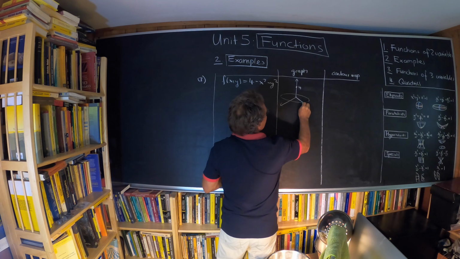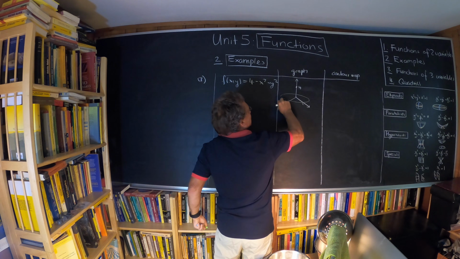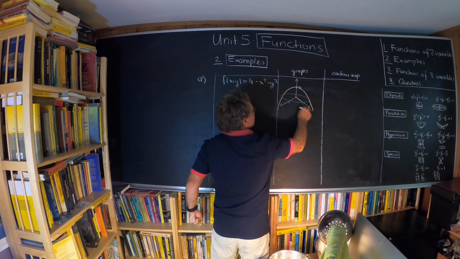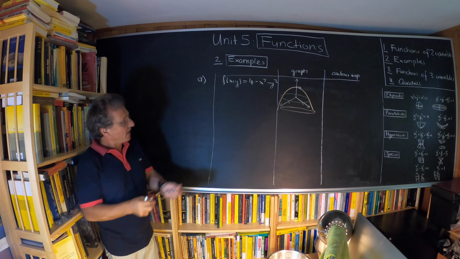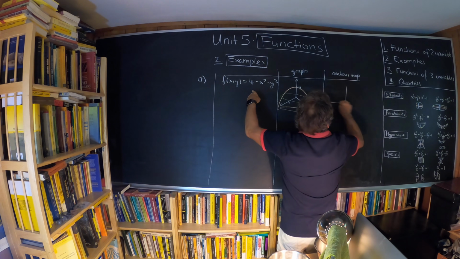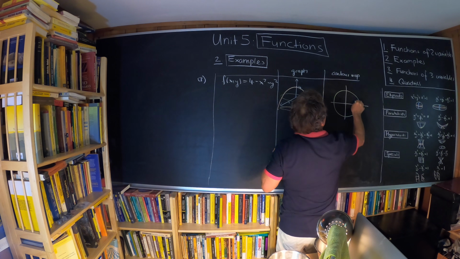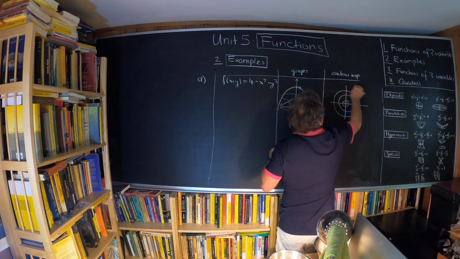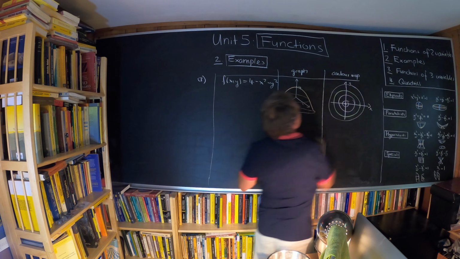Circle of radius 2, and then the graph looks like that. It's also a paraboloid, and also here, if this is equal to a constant, we still get our circles in x and y.